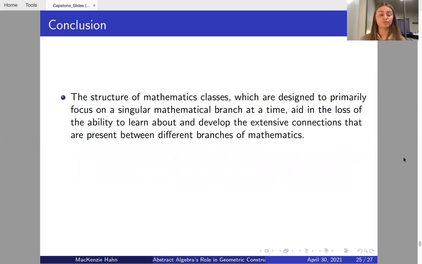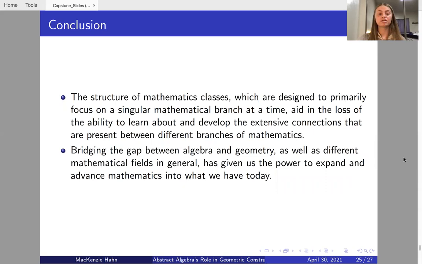Like we talked about before, math classes are designed to primarily focus on a single math topic or branch at a time, so we aren't able to make those extensive connections that are present between different branches of math. Bridging the gap between algebra and geometry, as well as many other fields of mathematics, has given us the power to expand and advance math into what we have today.